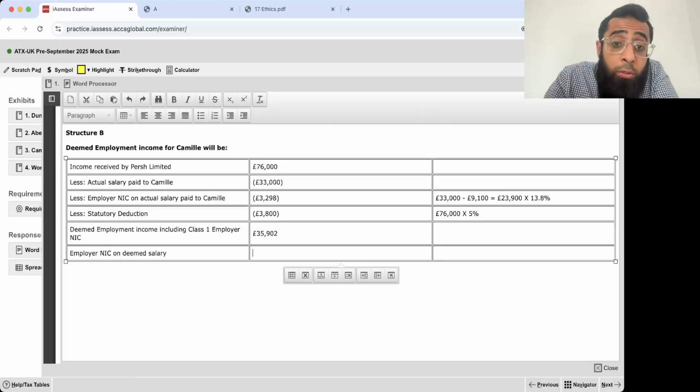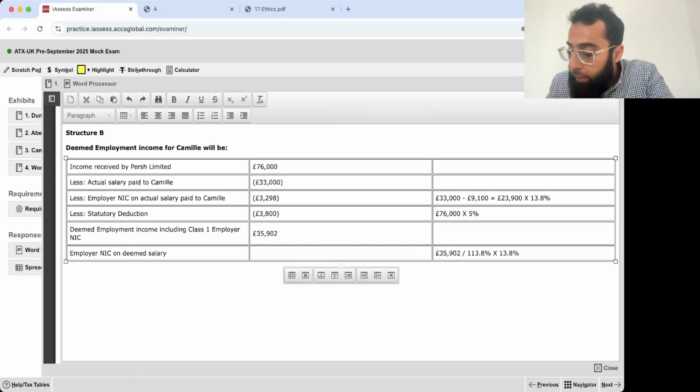Employer NIC on deemed salary. This employer NIC is not on actual salary. Now we are treating this 35,902 as a salary. So since this is the gross amount, 35,902 divided by 113.8 multiplied by 13.8. So that is 4,354.